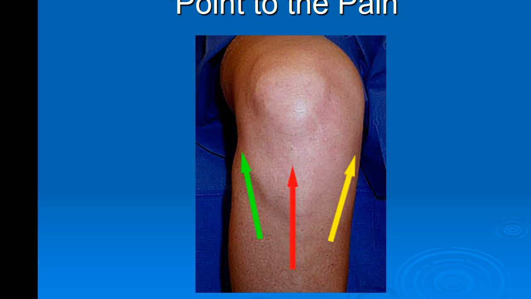And they're going to come in, they're going to talk about how they're having this pain. They're going to point all around their kneecap or their patella. One of the keys is typically with patellofemoral pain syndrome, they're going to have more anterior patellar pain, but we'll get to that in a minute.